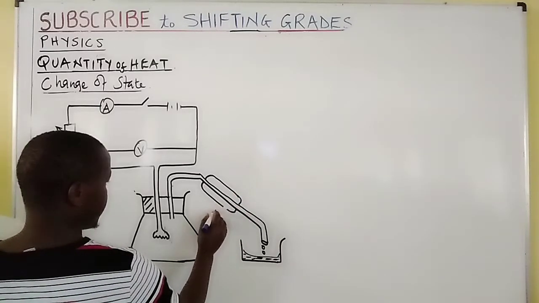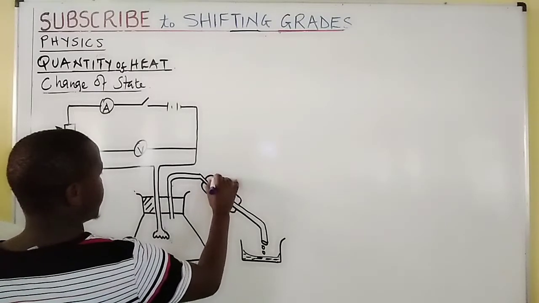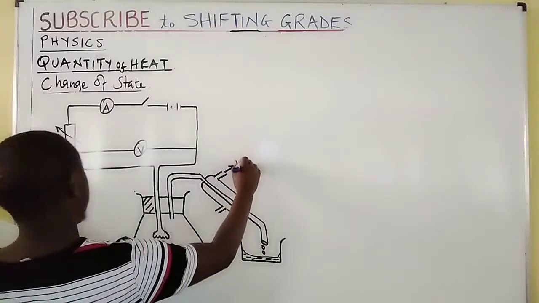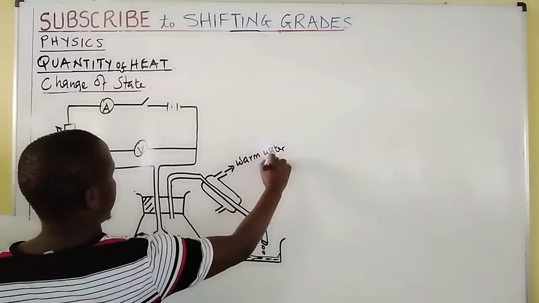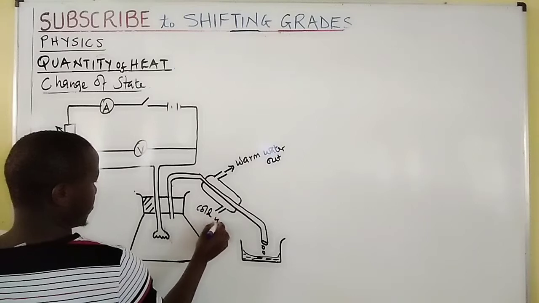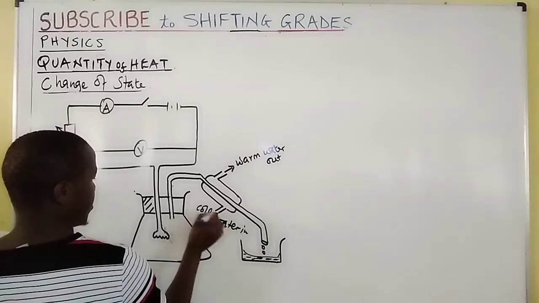So we have cold water which enters here, and after the water has been warmed, as it cools the steam, it exits. So this is warm water out and cold water in through there.